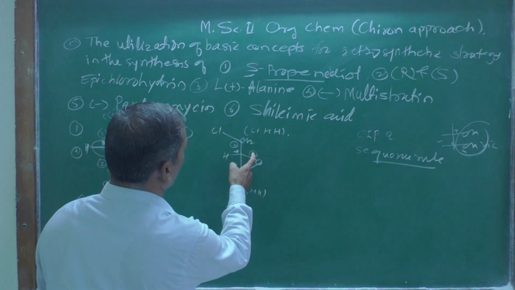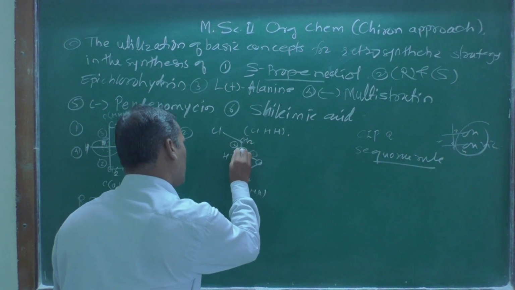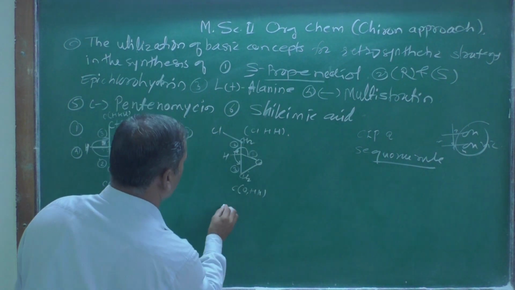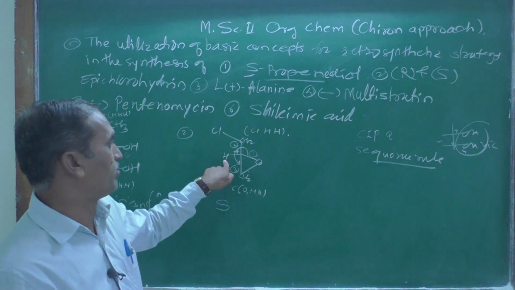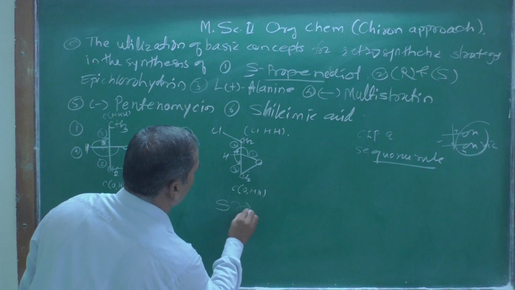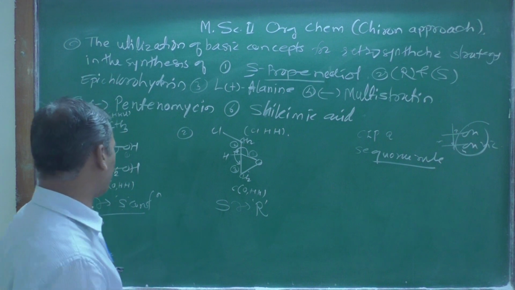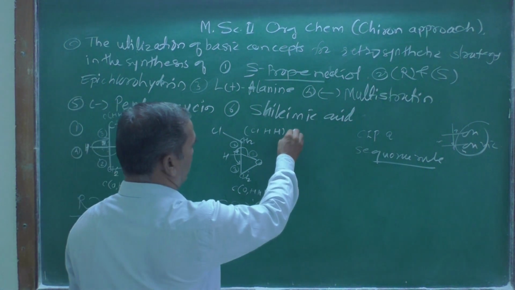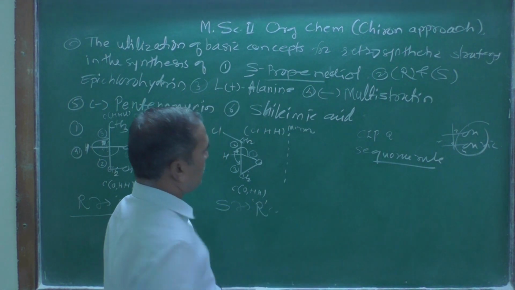Look at this, go 1, 2, 3. What type of rotation is it? You can see this is an S rotation, right? And now look at this hydrogen atom, which is present horizontally, and therefore we invert the configuration, it should be the R configuration, right? This is the R configuration. And now put a mirror here. What do you see in the mirror?